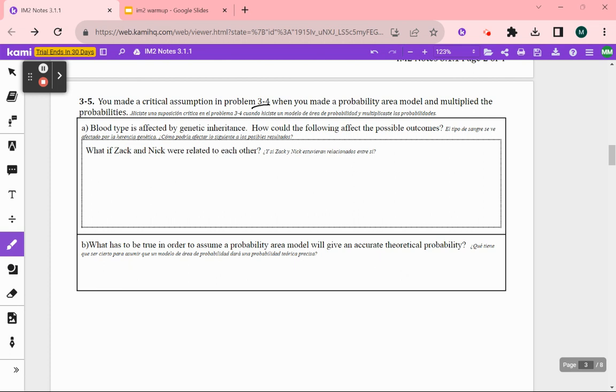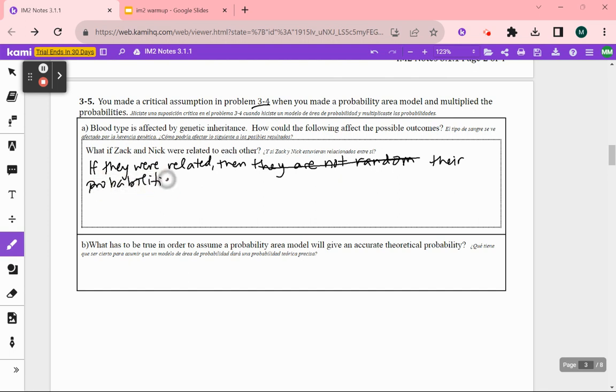Well, if they were related, then they are not random, then their probabilities are not independent.